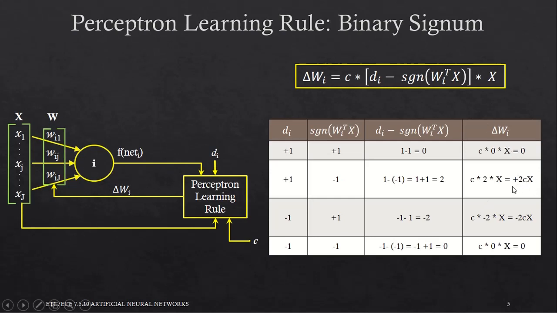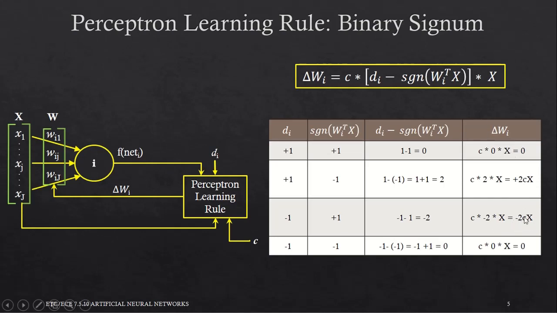Now consider this case where the desired output is -1 and the neural output is +1. The neural response needs to reduce. It needs to go from +1 to -1. According to the correction that we obtain, it makes sense that it is equal to -2cx.